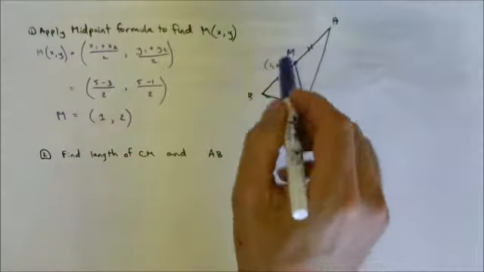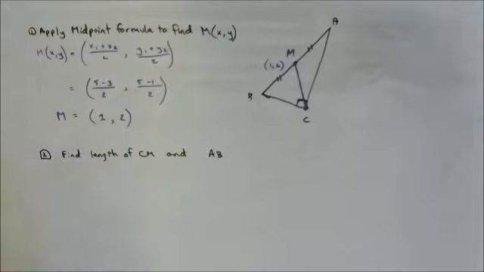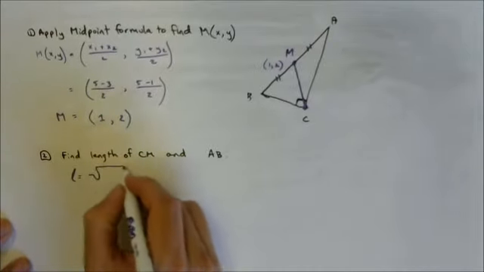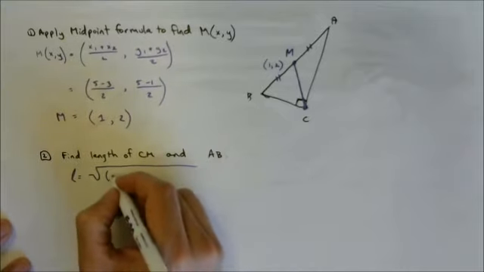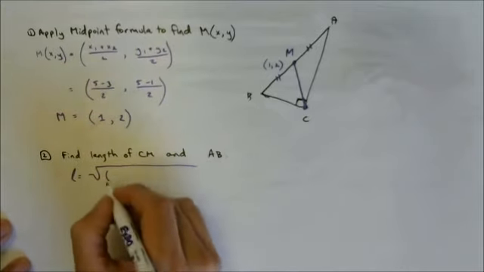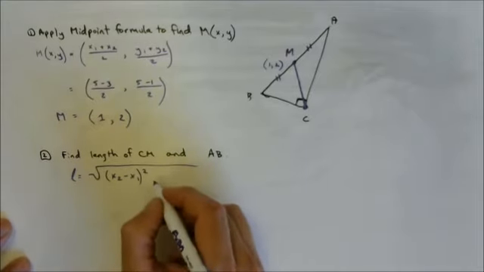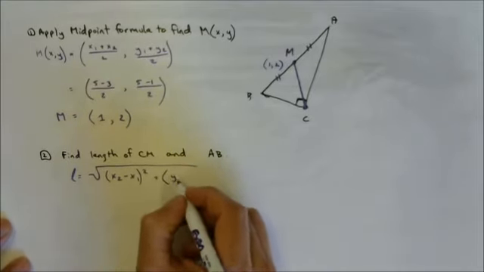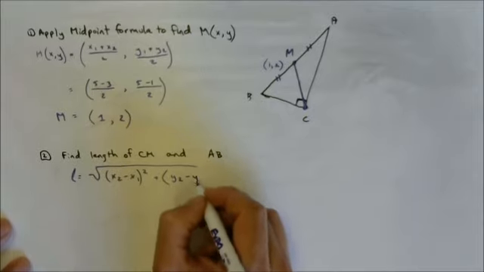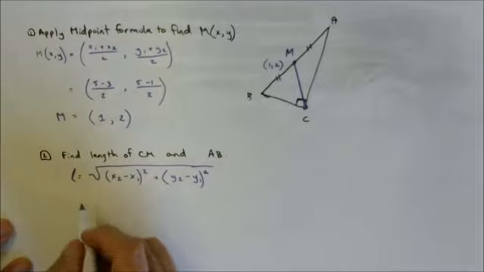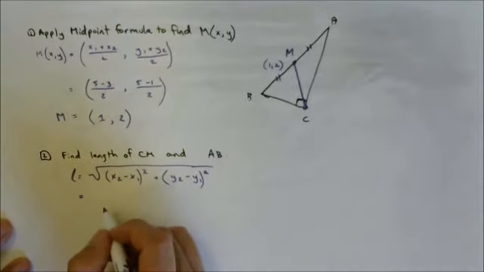So if CM is half of 10, then we know we did well. So here we go. The length formula, I'm going to rewrite it again. If you have it memorized, you don't need to rewrite it. Basically, it's the difference in your horizontal distance squared, added to the square of the difference in your vertical coordinates, and then square root the whole thing, the sum of those.